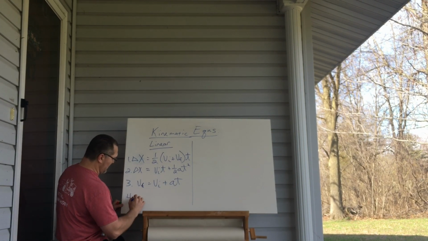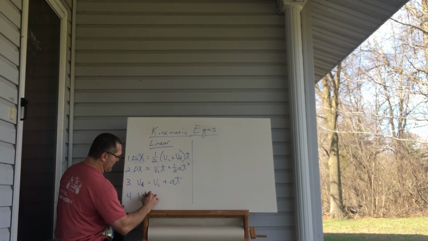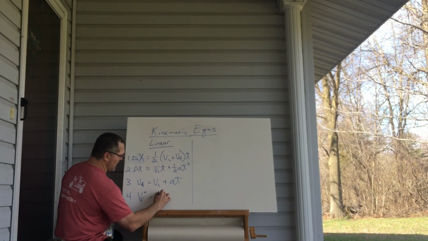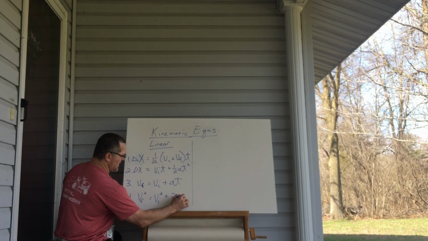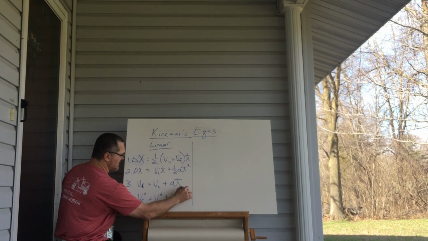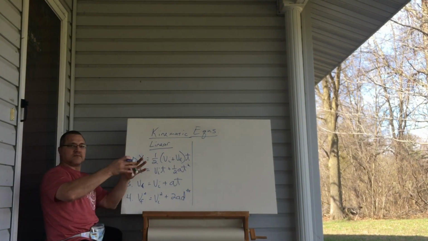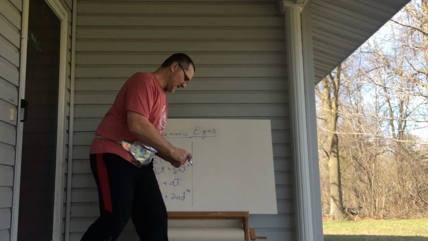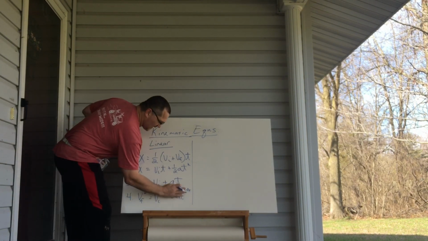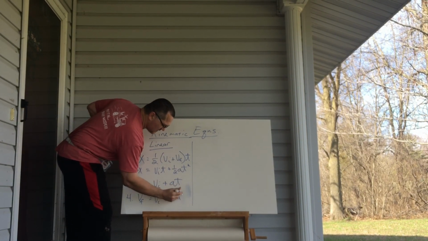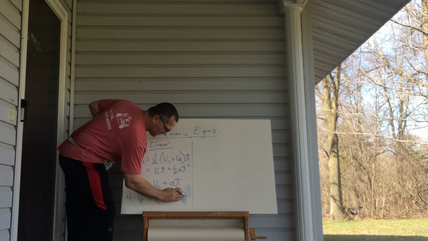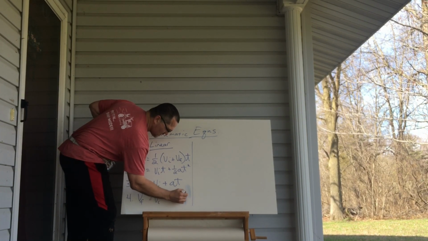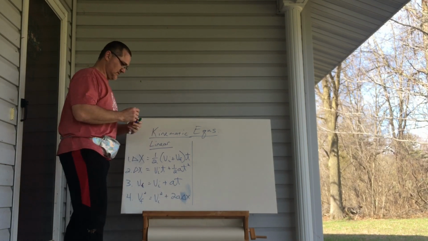And number 4, Vf squared equals Vi squared plus 2ad. It's d or change of x. I change them every once in a while. To keep everything consistent, we'll say change of x.